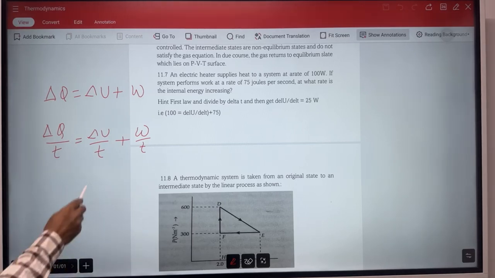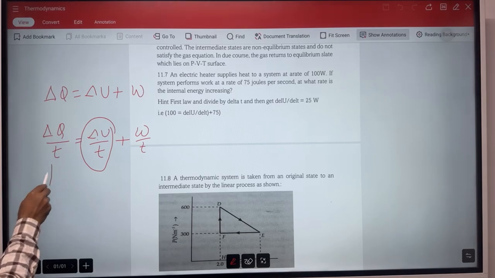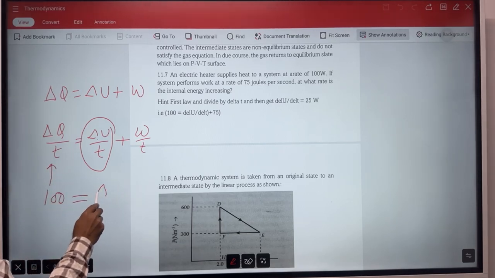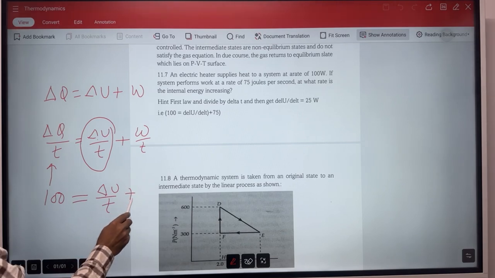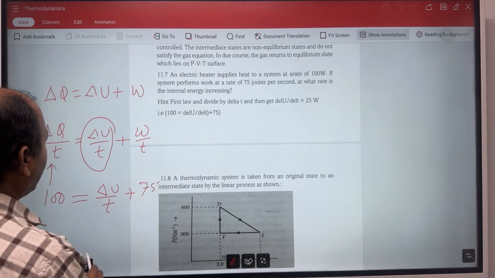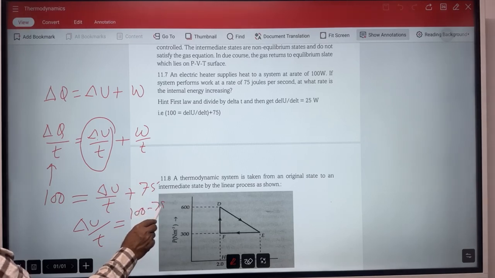Our concern is to get this; this is given as 100 and this is to be found, so delta U by t, and this is given as 75, sorry, not 25. So we write 75. Now delta U by t is equal to 100 minus 75, that is 25 joule per second. I think you have understood it fully.